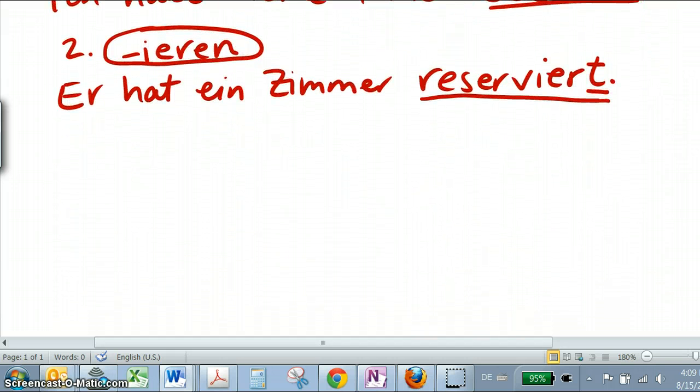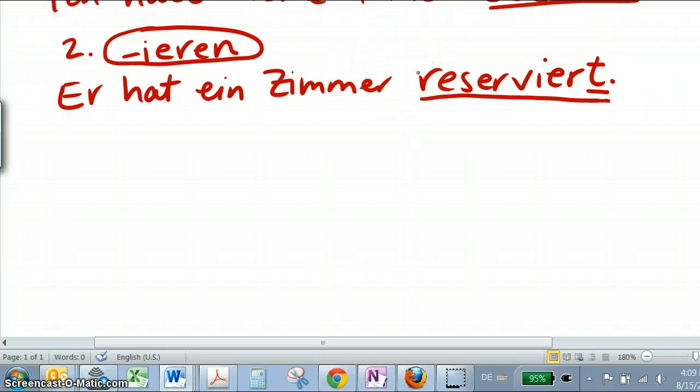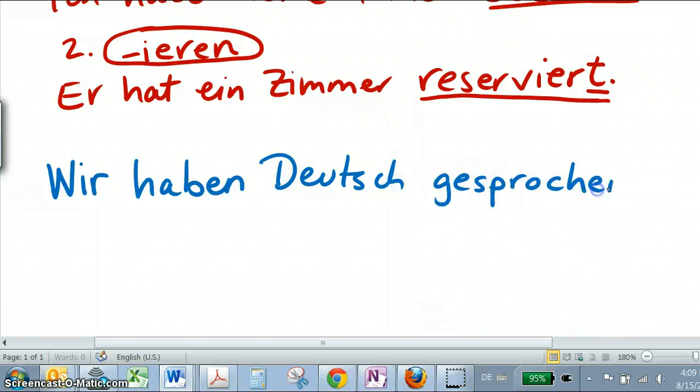I'll give you one more example in another color. So if you want to say we spoke German, you would say, wir haben Deutsch gesprochen.